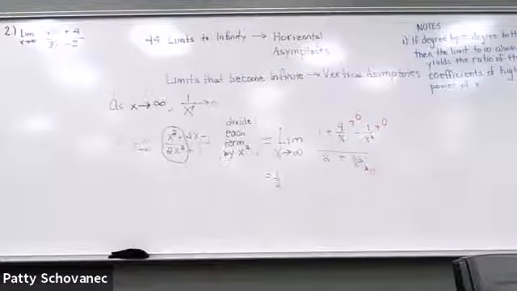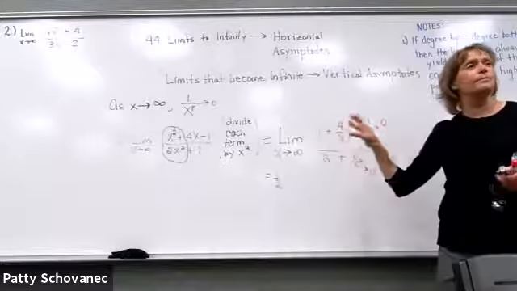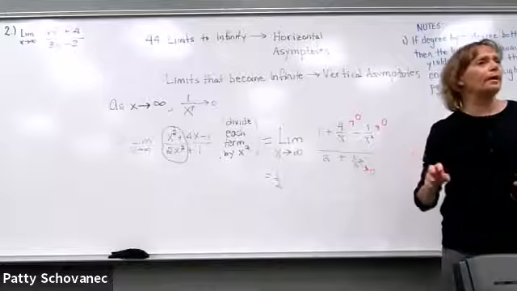In this case, the highest power of x is x to the first power. So if I want to develop terms that look like fractional terms, I'm going to divide everything by that x to the first power.